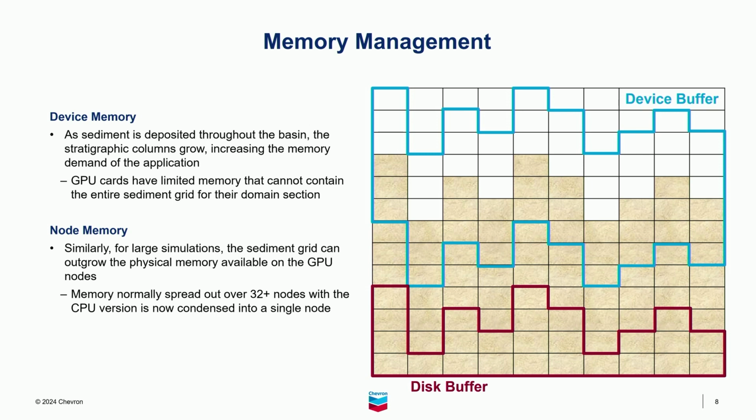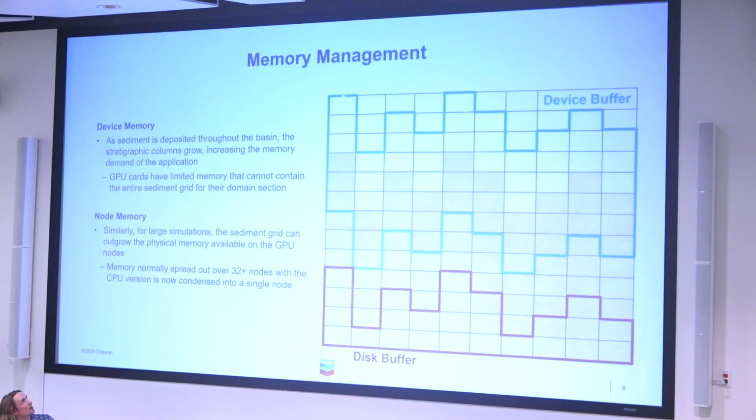As the simulation runs, let's say this cell deposits 3 layers here. It tops out this device buffer, and then it does the resynchronization only when needed in order to get everything back to the center, which happens anywhere from 10,000 to 1 million iterations, depending on your simulation.